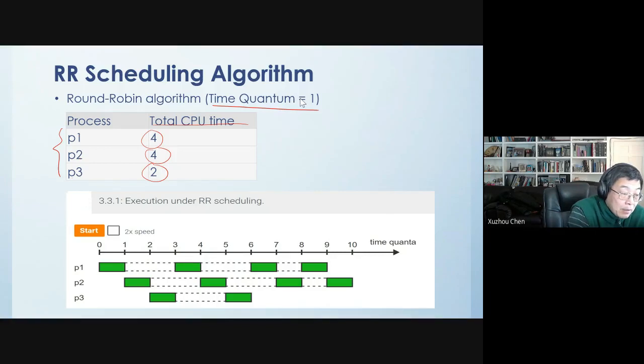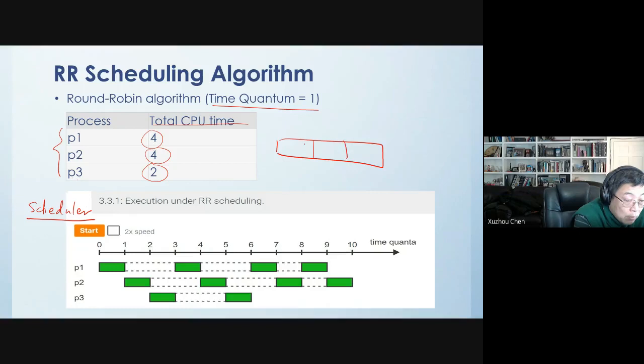So in round robin, the scheduler checks each of the processes. Process 1 is at the head of the queue, so you pick process 1 and it's up and running.